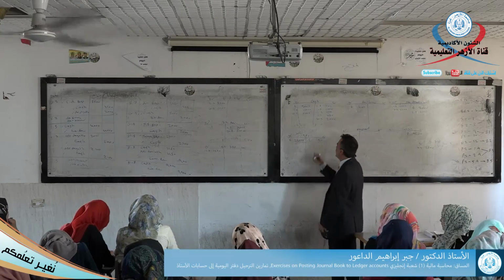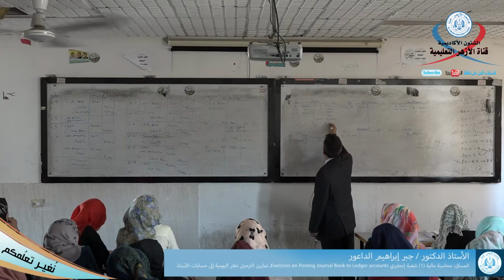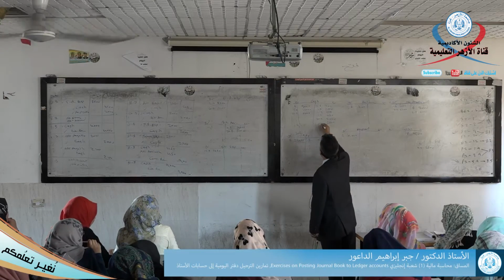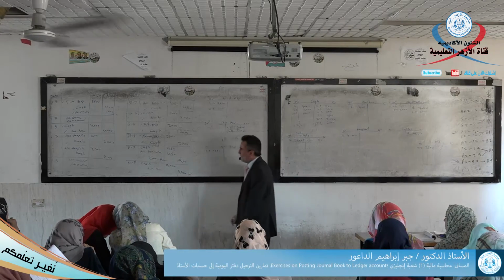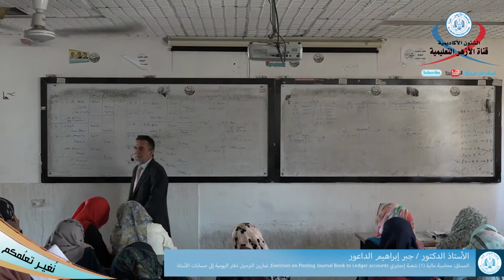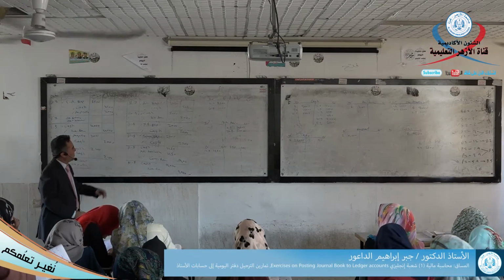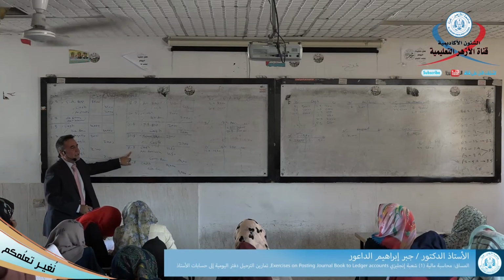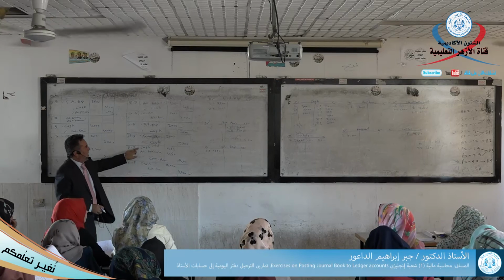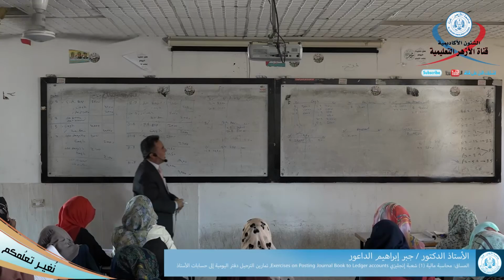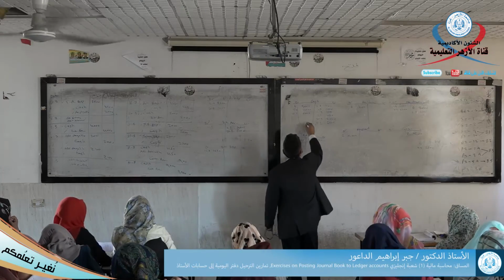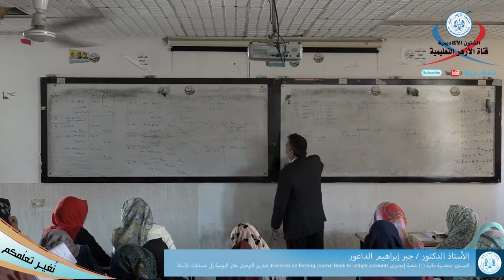Cash on the credit side. Also on the 31st of March, cash debit side. So on the debit side of cash, 450.